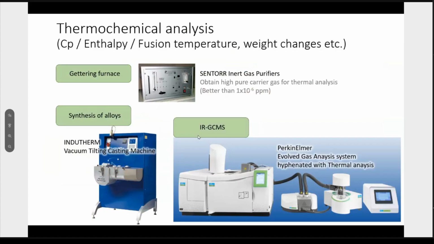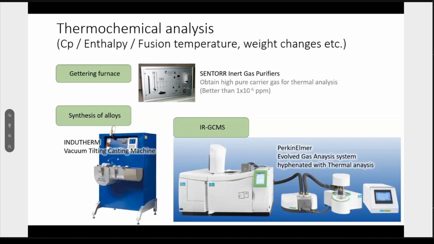And the second one, I continue with a different slide. The gettering furnace. This is the furnace which can provide high-purity carrier gas for thermal analysis. Currently we are using ultra high purity argon from Air Liquide, which is 5N, 99.999% purity.